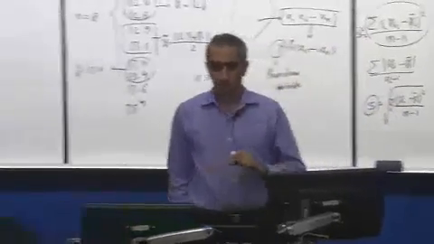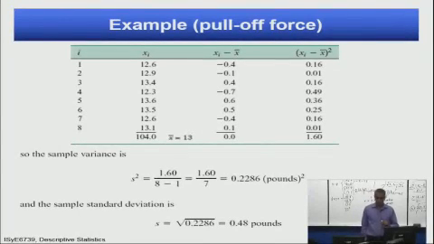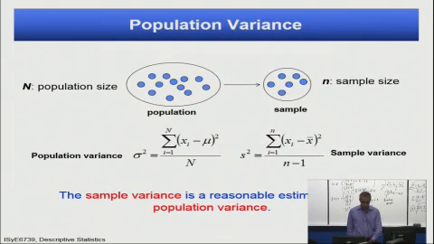In a few weeks I'll tell you what biased means and how we can calculate that, and then you will see why this is an unbiased estimator. But for now, just accept it as is, okay? Any other questions? Nope? Okay.